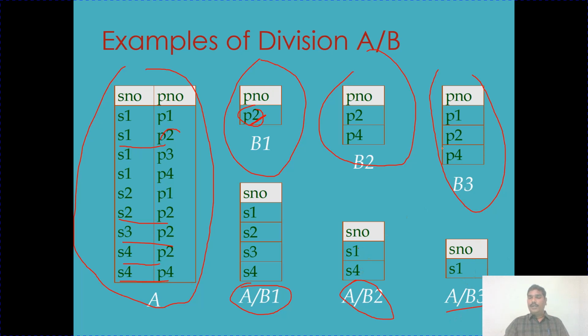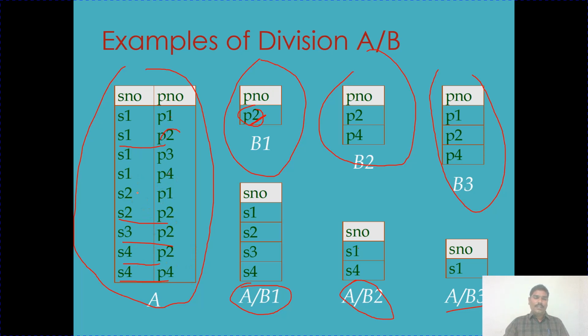So here the B3 fields are P1, P2, P4. Here P1 S1, P2 S1, P4 value S1. But at the same time, P1 value S2, P2 value S2 and P4 value S4.